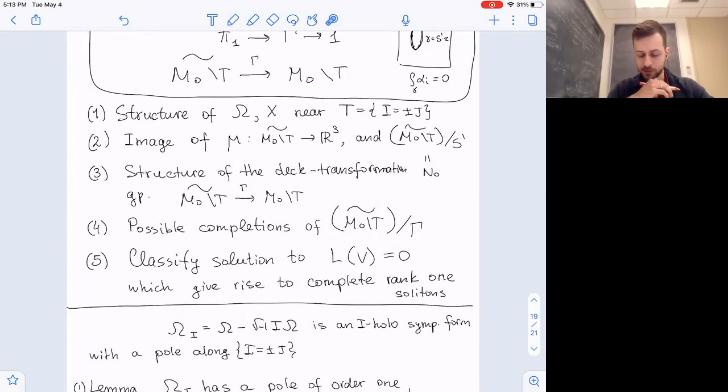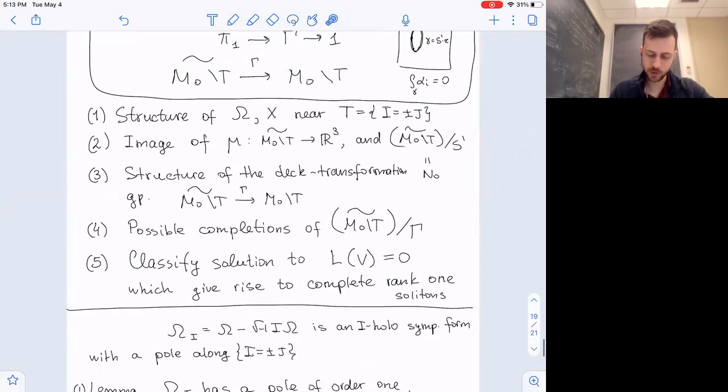We know exactly how it occurs, and the way this proposition below will work is that the image under the moment map here will have to be R3 minus a discrete collection of points, and this discrete collection of points will exactly correspond to the fixed points of the S1 action on M. But because we threw away these fixed points, we remove them from here. So if you glue them back, which you can do, of course, for classification purposes, then your image will be the entire R3.